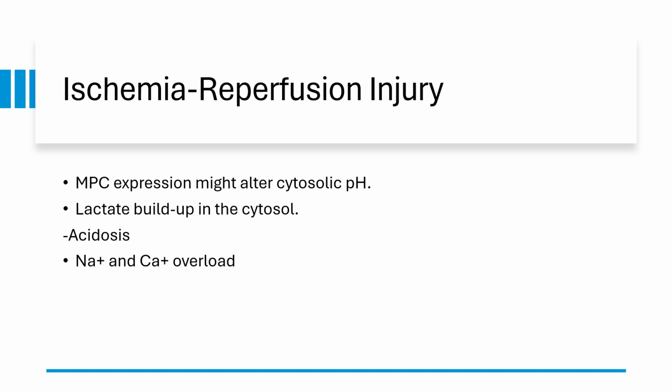And this is where MPC expression or activity in the heart might also alter cytosolic pH. And as discussed before, when decreased expression of MPC occurs, pyruvate is reduced to lactate in the cytosol. But we didn't talk about how it causes acidosis. And during myocardial ischemia, the pH is reduced to around 6.5, with acidosis being more marked because of this.